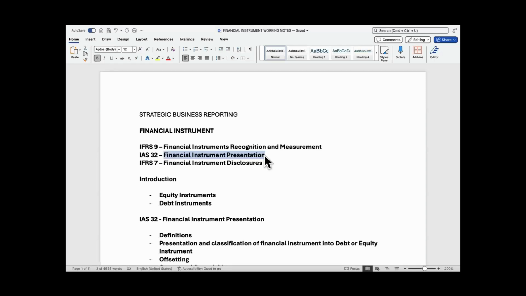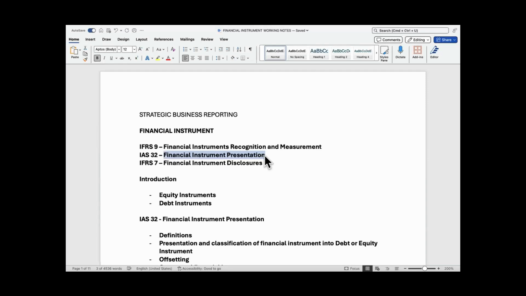For the fact that the company will buy the shares from the director, that automatically gives rise to an obligation to deliver cash by the company. And for that reason, we said that ordinary shares issued by the company to those directors, we are going to treat them as a financial liability from the onset.